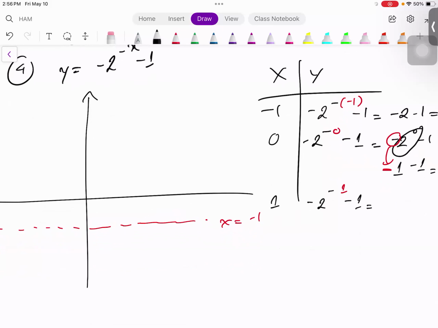Not 2. Jose, what is 2 to the power of -1? Ramon? Ruby, what is 2 to the -1? All right, Karen, what is 2 to the -1? Joshma, 2 to the -1.